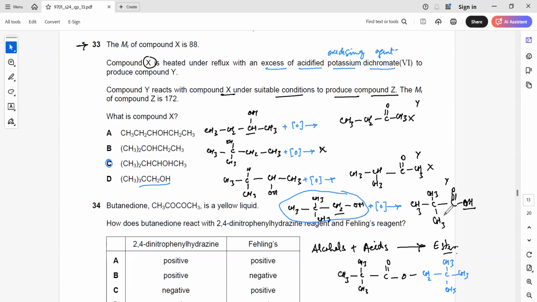When we calculate the molecular mass, the answer will be 172. So it's option D. That is the correct answer.